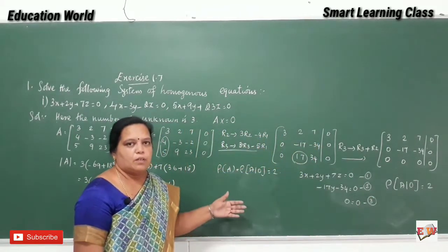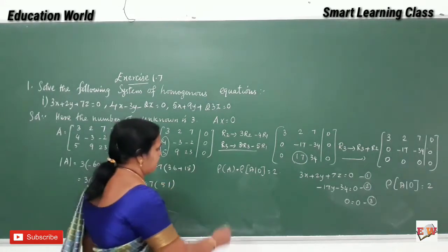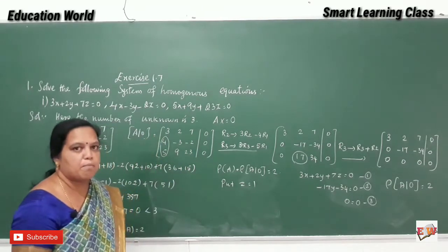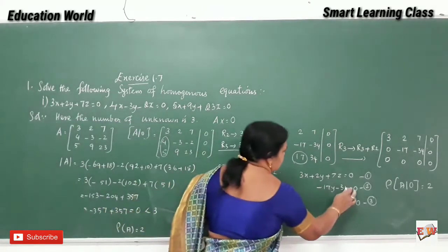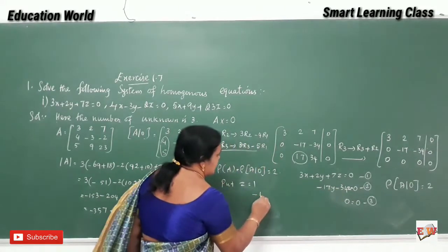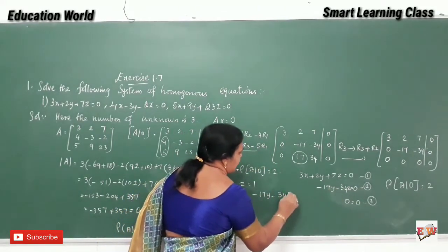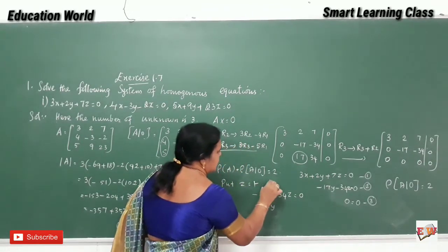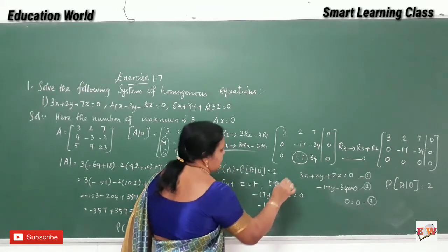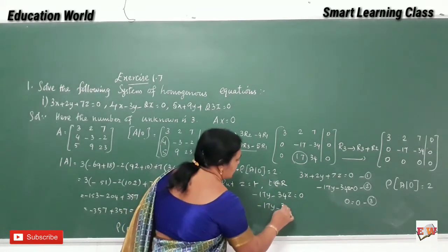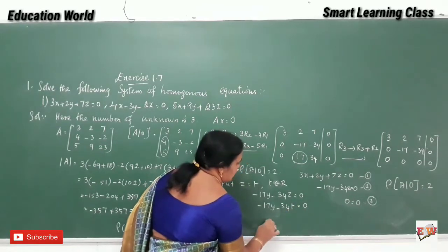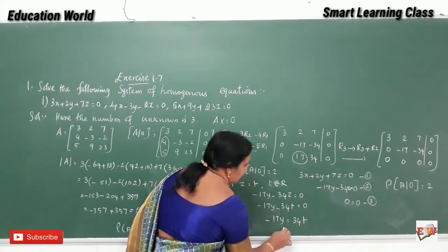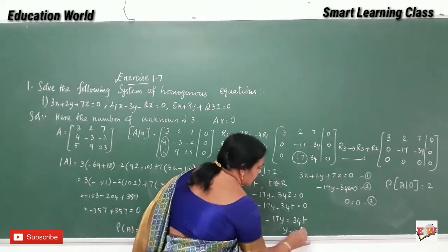Suppose we put z equal to t, and we get by back substitution minus 17y minus 34z equal to 0. Here t is a real number, t belongs to R. So minus 17y minus 34t equal to 0, minus 17y is equal to 34t. y is equal to minus 2t.